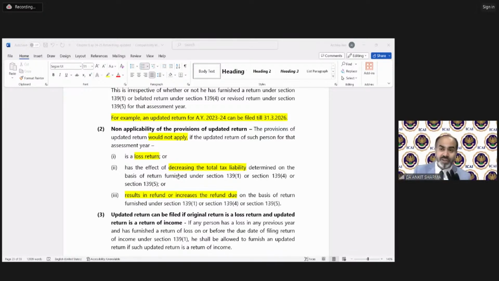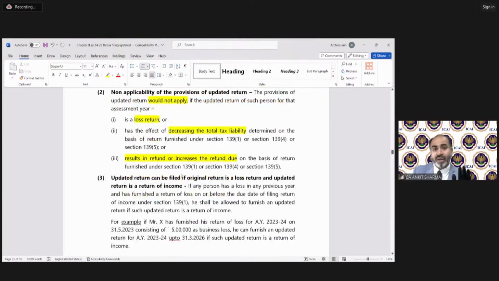If it has the effect of decreasing the total tax liability, determined on the basis of the return furnished under section 139(1), 4 or 5, that is not allowed. If it results in a refund or increases the refund, then again it is not allowed.